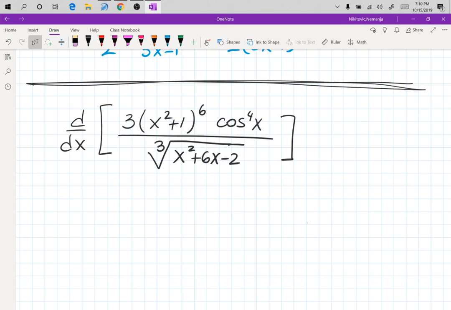Just copy and paste the answer times, open parenthesis, and then say 12x divided by x squared plus 1 plus 4 minus 4 tangent x minus 2x plus 6 divided by 3 quantity x squared plus 6x minus 2. Close parenthesis again. That's the derivative in factored form. You just look at it and you instantly know. No need to write anything down.